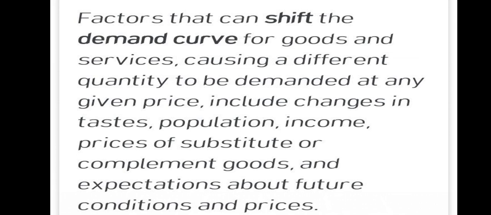Whereas shift is caused by other determinants of demand apart from price, like changes in the price of other commodities, changes in taste, population changes, income, prices of substitute and complementary goods, or expectations about future conditions and prices. Then we will say that the demand curve will shift.